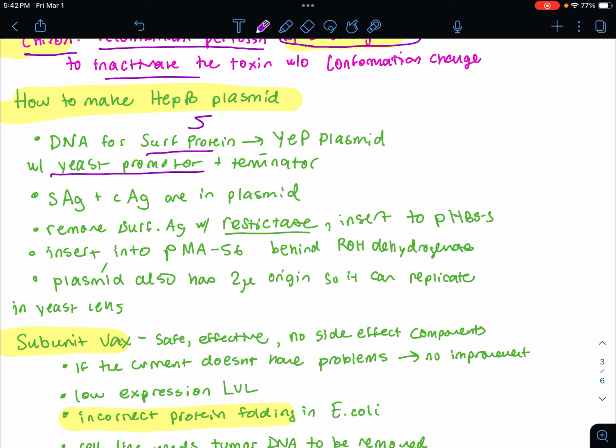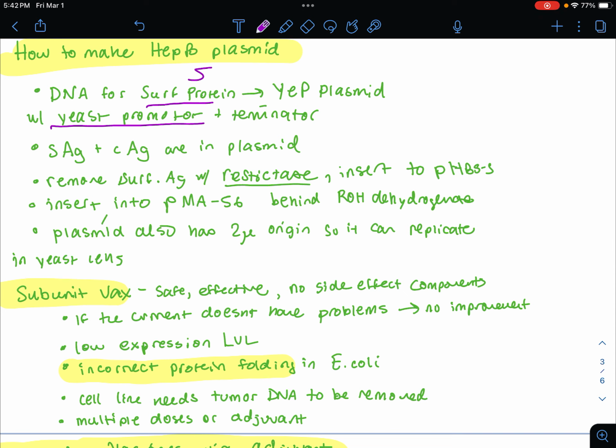Okay, let me try and find that on here. I still don't see it. Okay, so surface protein SAG, which is the surface antigen, and the core antigen were also involved. They're in a plasmid.